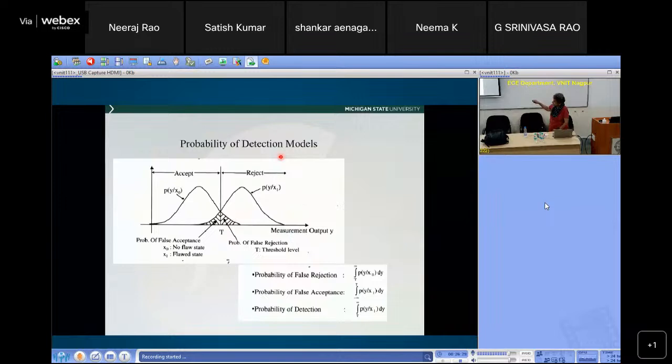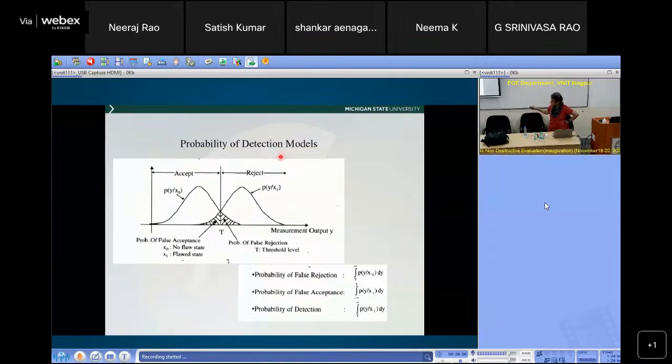So probability of detection, if this is the threshold, you select some kind of a threshold. If it is greater than this threshold, you're going to call it a flaw. Less than this threshold, you're going to call it a no flaw. It's a good sample. But I know that the tail of this PDF is over there to the left.